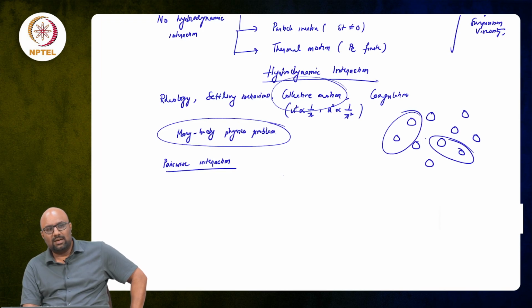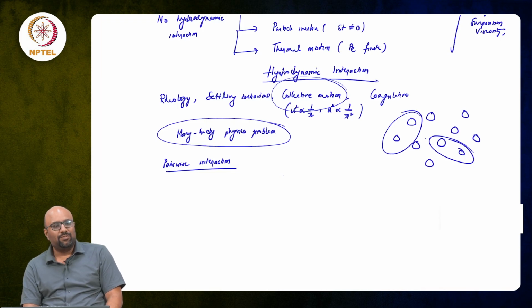So, this is a scenario where you can think of that the system is not necessarily infinitely diluted, but it is still not concentrated enough, where at a given instant of time there are only two particles in pairs which can interact. The probability of a third particle engaging in that interaction, or more than 3 particles engaging in an interaction, becomes extremely small.